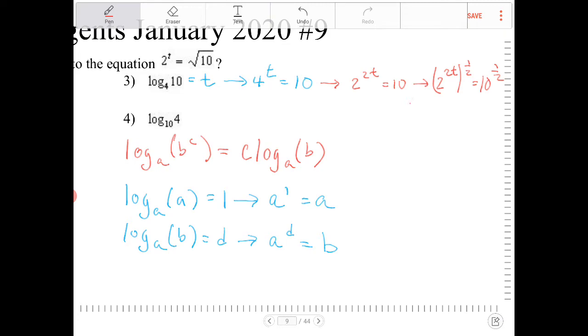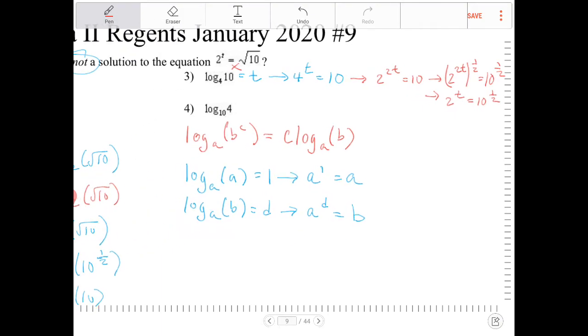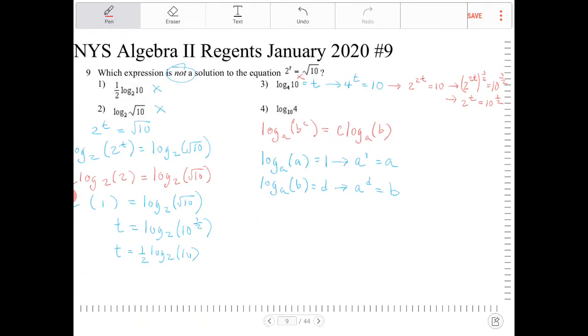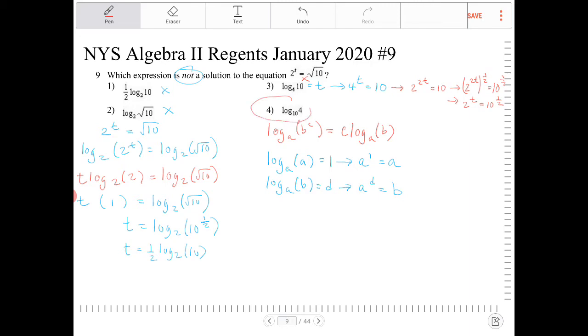I end up with 2 to the power of t is equal to 10 to the 1/2, which is exactly the original problem statement. So option 3 is not the answer, which leaves us with only option 4 that doesn't work.